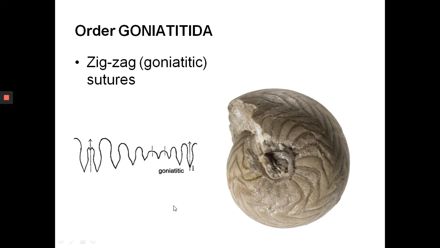So you can use this as a fingerprint to identify different types of goniatites. Different patterns, subtle differences, the number of the lobes and saddles, the different geometries, you can give it a different name. It tells you that the rocks are a different age or something like that.